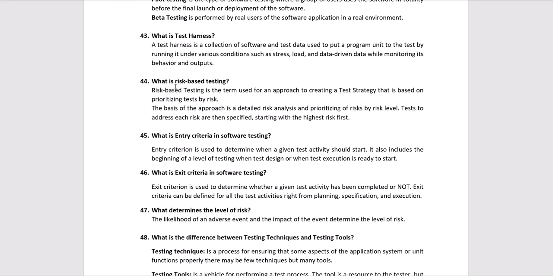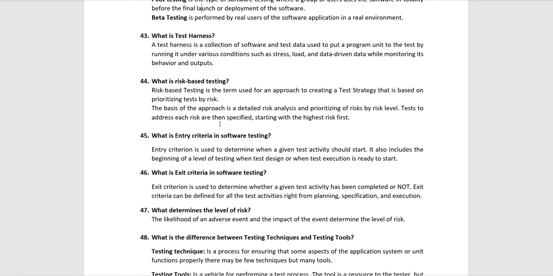The next question is, what is risk-based testing? When the interviewer has a company with its own product which is mostly based on risk-based testing, they might ask you this question. Risk-based testing is a term used for an approach to creating a test strategy that is based on prioritizing tests by risk. So this is nothing but risk-based testing.